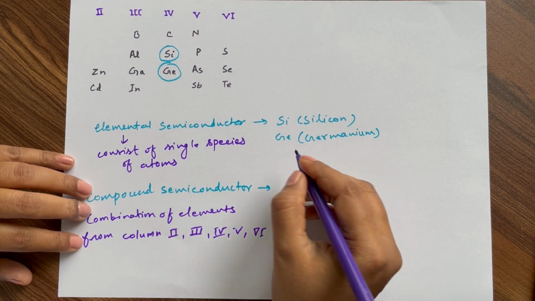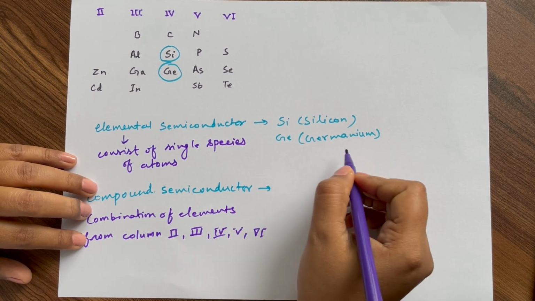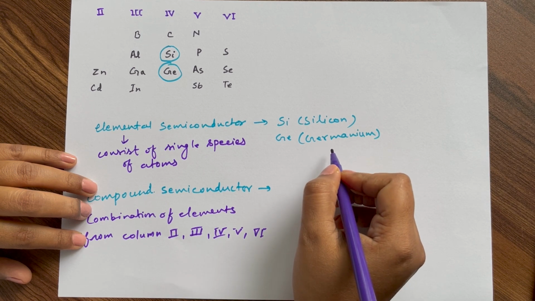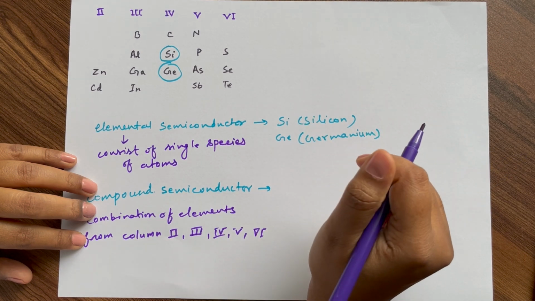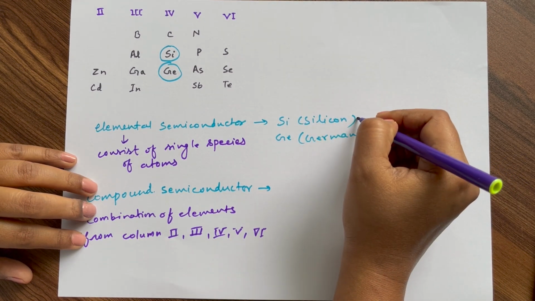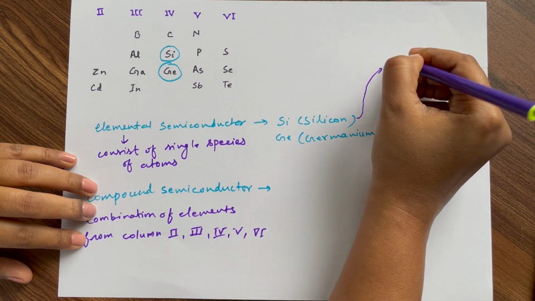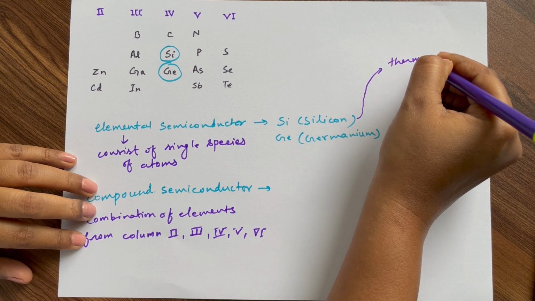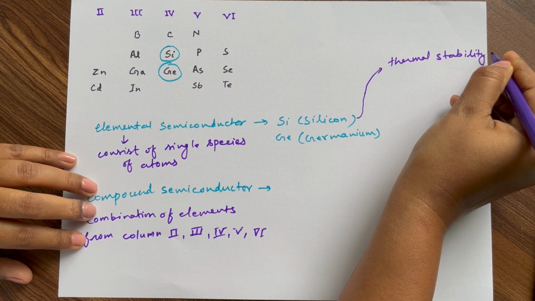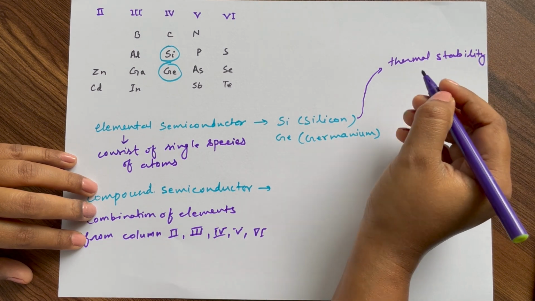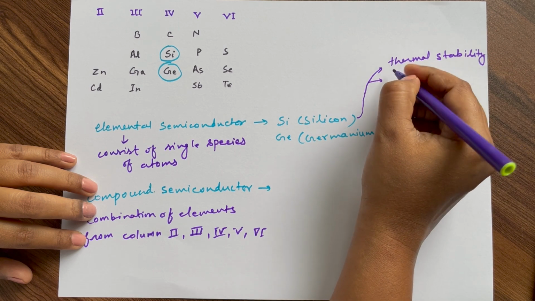Now we will see where these materials are used. Germanium was used in early days of semiconductor development, but nowadays silicon is the most used semiconductor material. Why is silicon the most used semiconductor material? Because of its better thermal stability, it is stable at even higher temperature, and its easier availability.